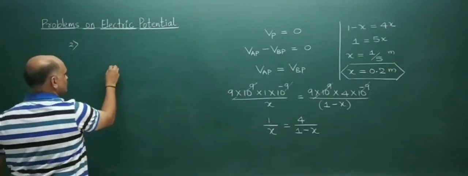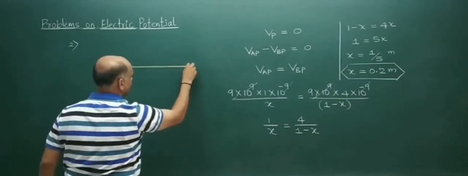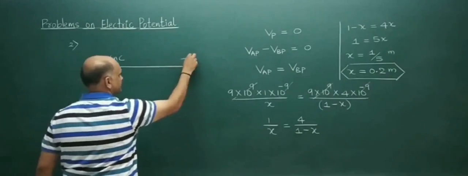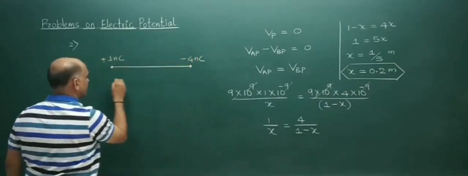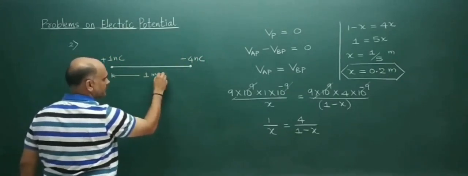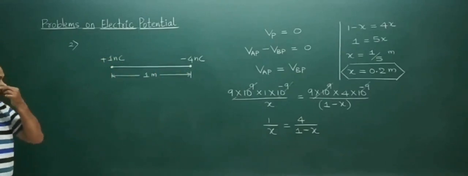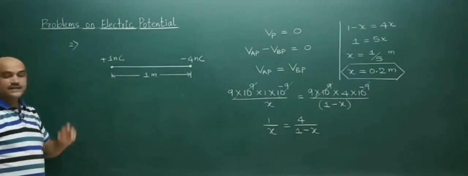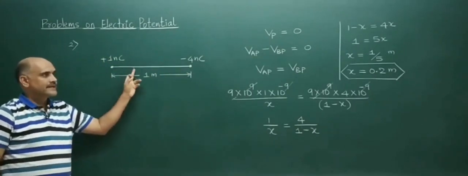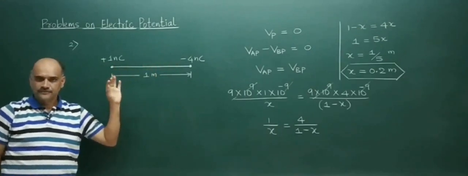So there are 2 point charges, plus 1 nanocoulomb and minus 4 nanocoulomb, and the distance between these two is 1 meter. Now in the second case, point P will be outside these two charges, and always remember it will be nearer to the smaller charge in magnitude.